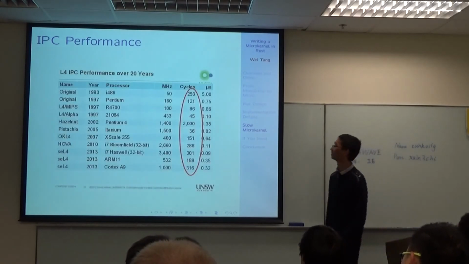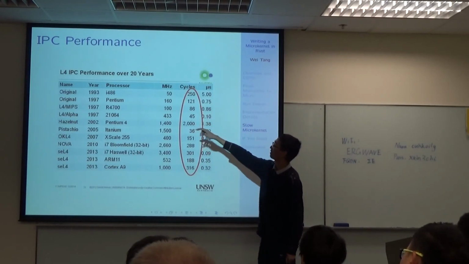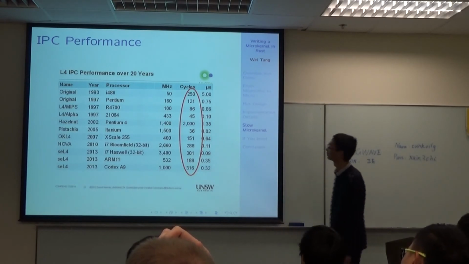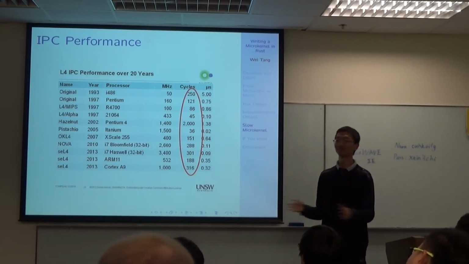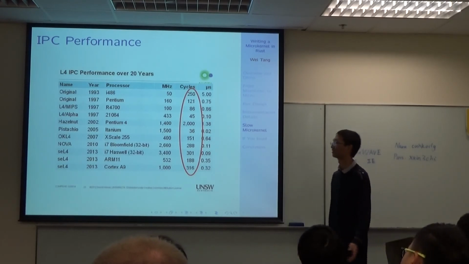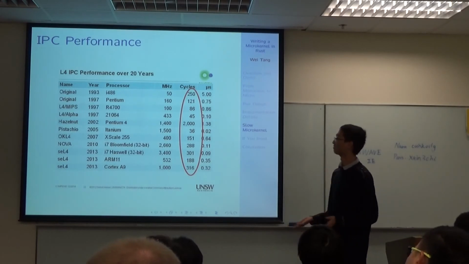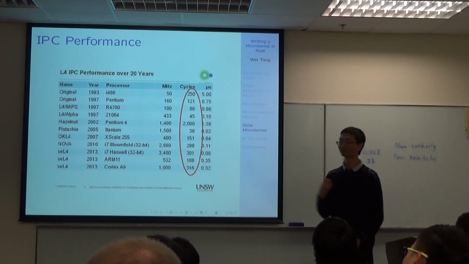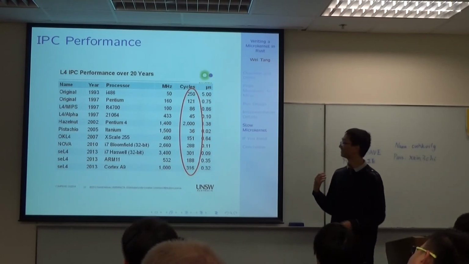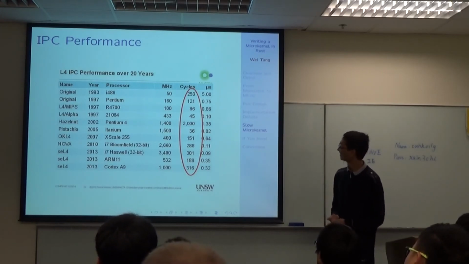Because if you look here, just in the Alpha family, the microkernel performance is not really improved, because switching between kernel mode and user mode is actually an architecture-related problem. If you want to make that fast, you really need to change the architecture.